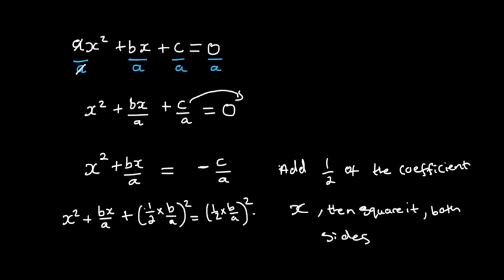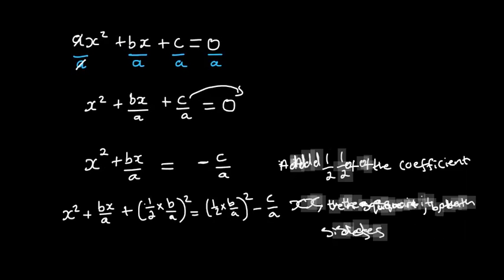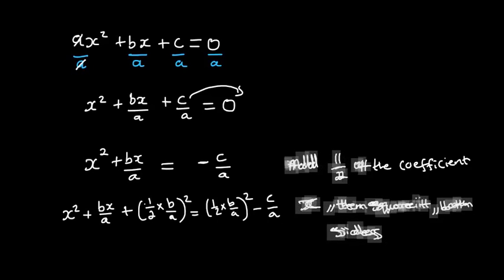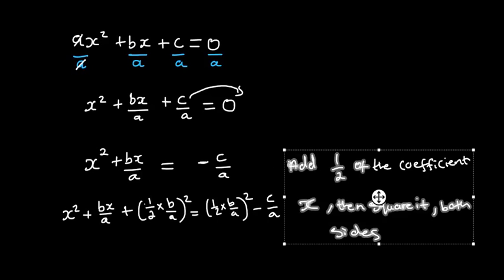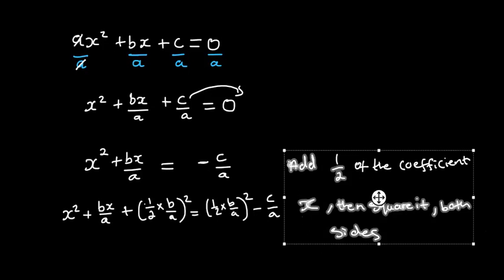Then that squared minus c over a. Let's do this so that we don't mix all of this.